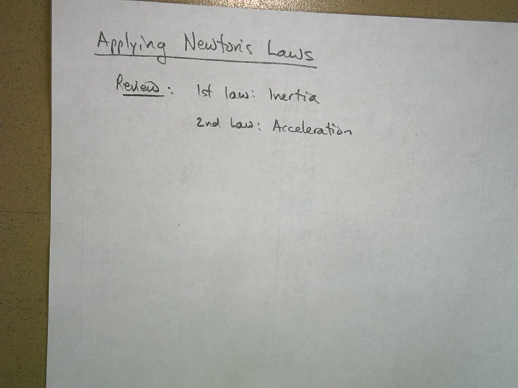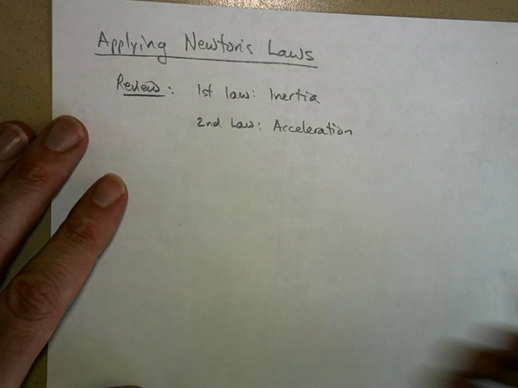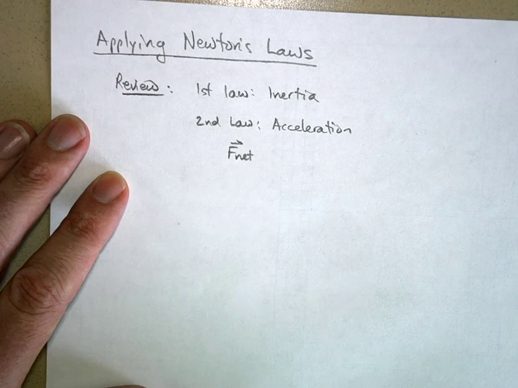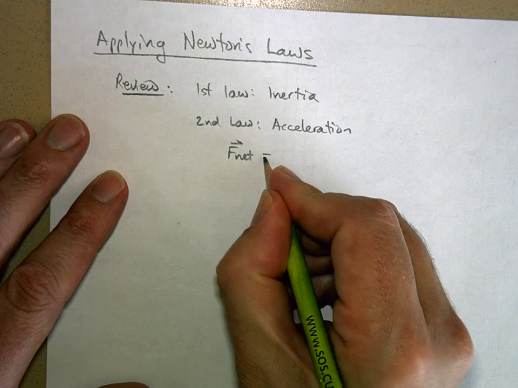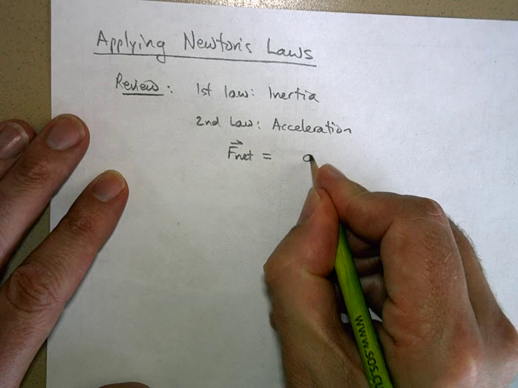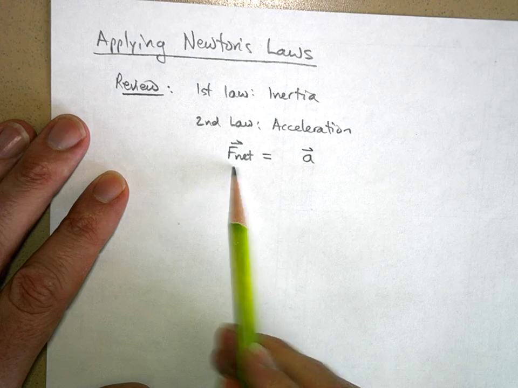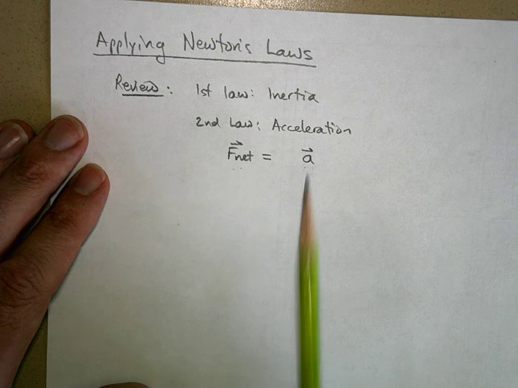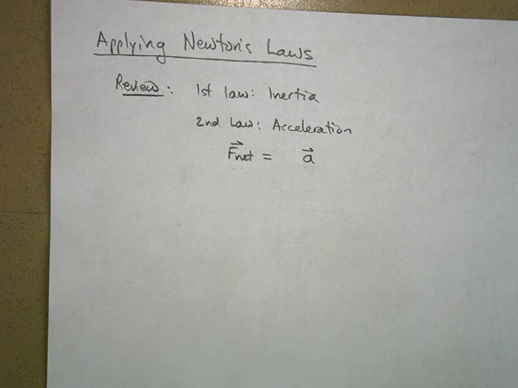And this gives us an equation that basically says that the net outside force acting on an object will cause an object to accelerate. And the force and the acceleration will be in the same direction. And the force and the acceleration are directly proportional to each other. If you double the net force on an object, you will double the acceleration on it.